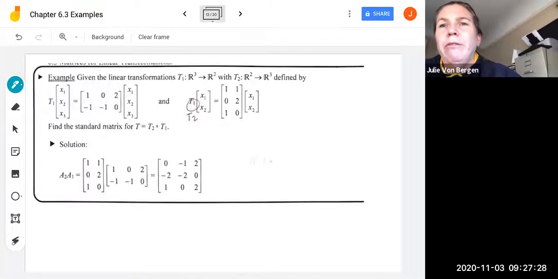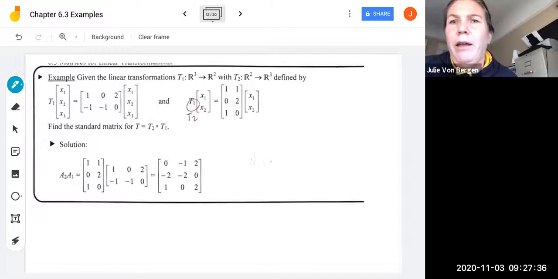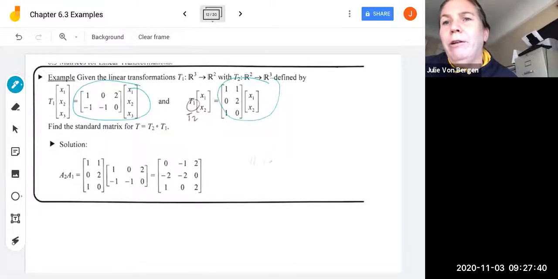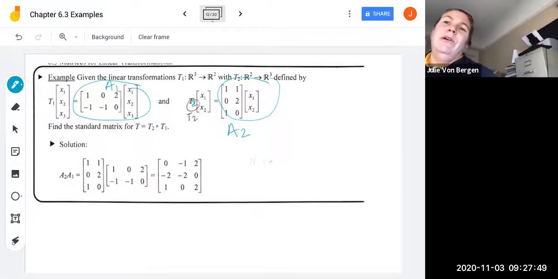We are given the linear transformations where T1 maps from R3 to R2 and T2 maps from R2 to R3, defined by these here. This should say T2, note my little handwritten correction here. So here is A1, and here is A2. Since T1 maps from R3 to R2, A1 is a 2 by 3 matrix.